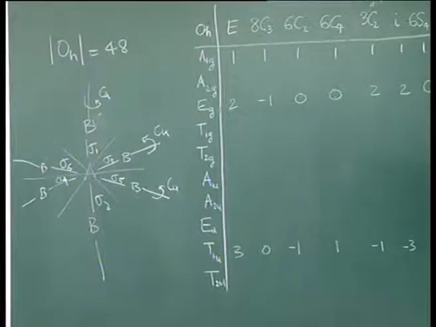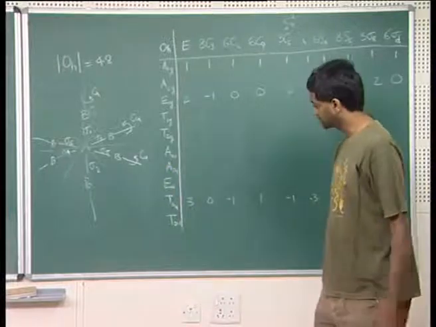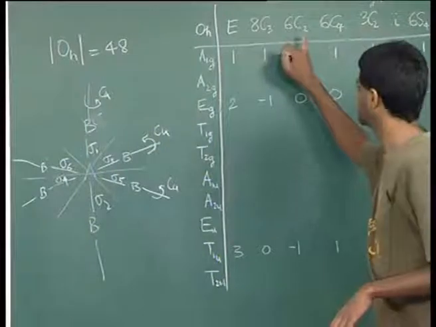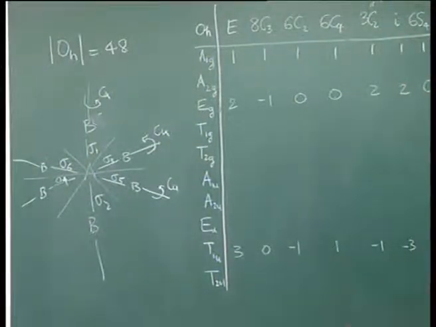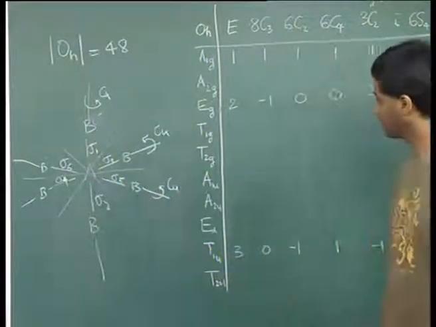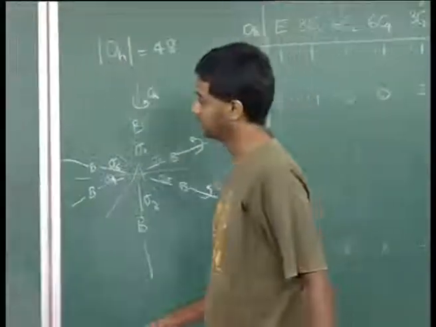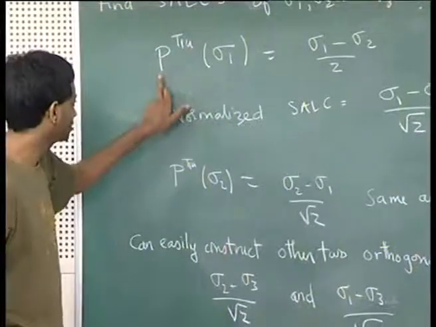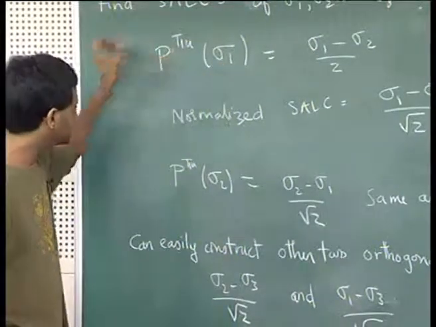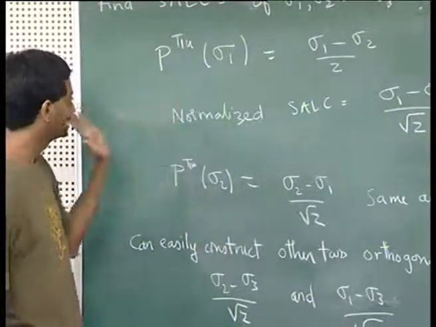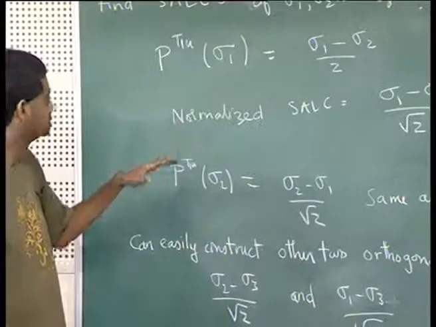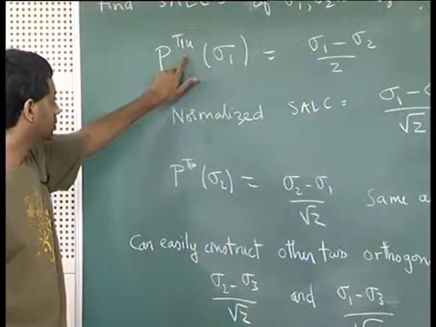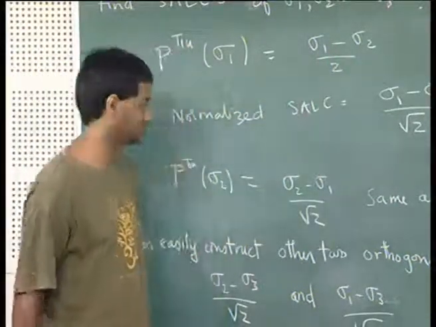In order to identify them, first we found out how each of the operations acts on these sigmas. Using that we constructed our projection operator. We took the sigma orbital and projected it onto the T1u irreducible representation, and what we saw was that we got sigma 1 minus sigma 2 by 2.